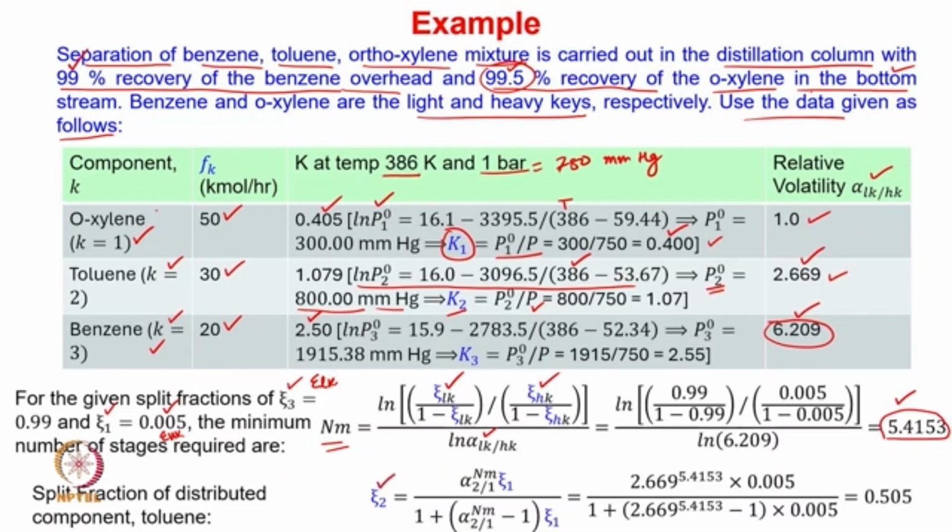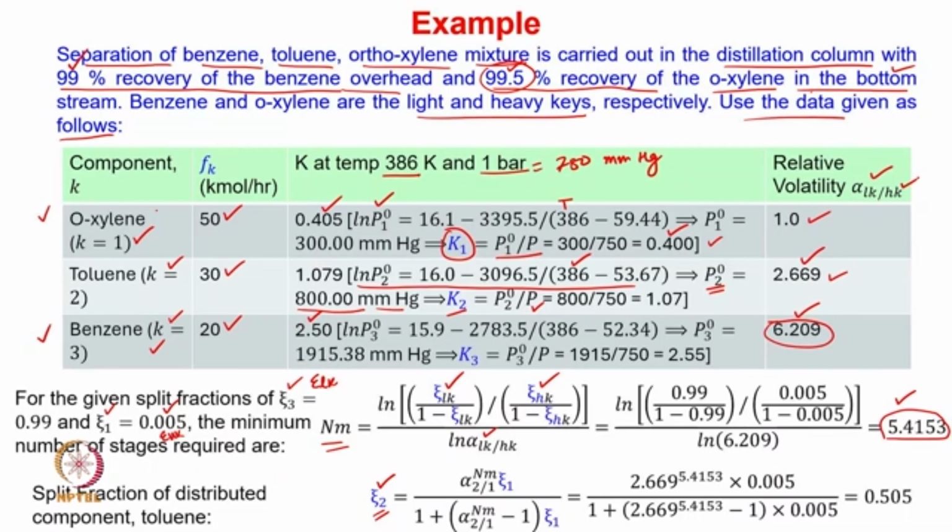Remember, this is the light key component and this is the heavy key component. Between the light key component and heavy key component, the distributed component present is toluene. In this case, only one component is there, toluene. So we have to calculate the split fraction of toluene. The split fraction of toluene we can obtain using this equation, where alpha is calculated as the relative volatility of toluene with respect to the heavy key component, which is orthoxylene.